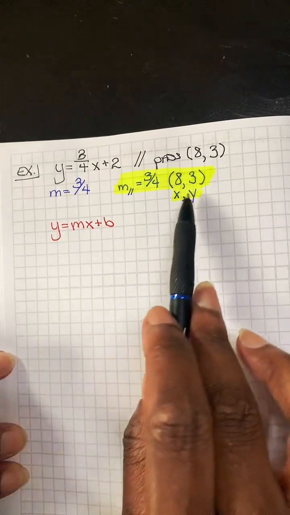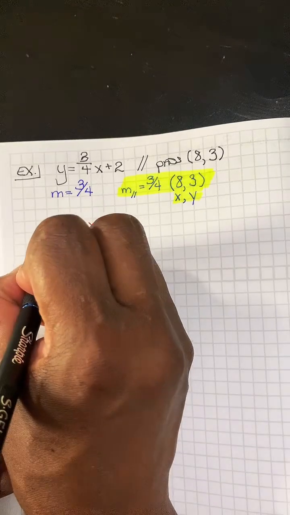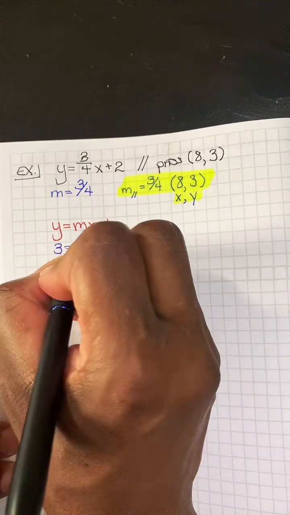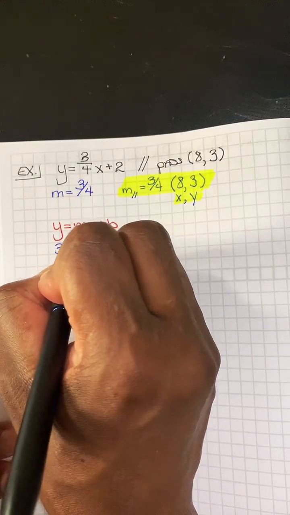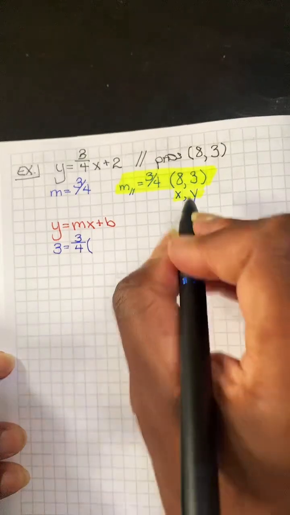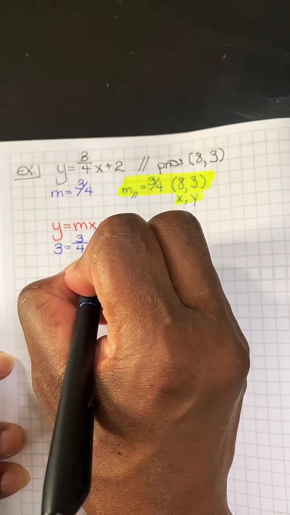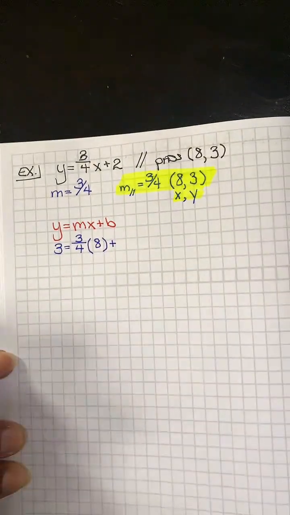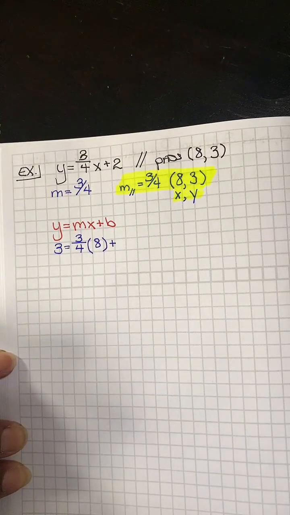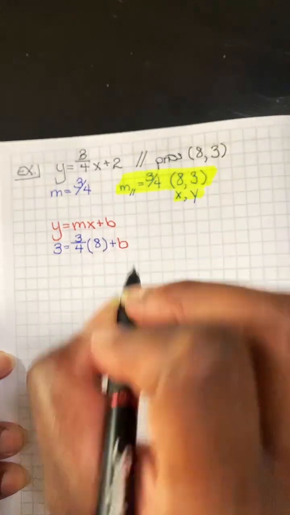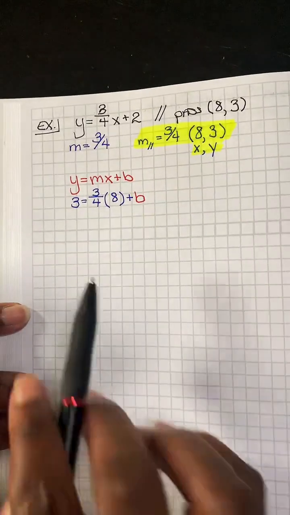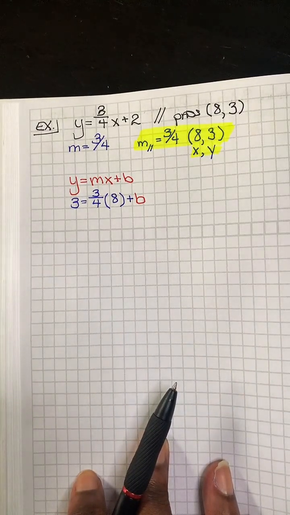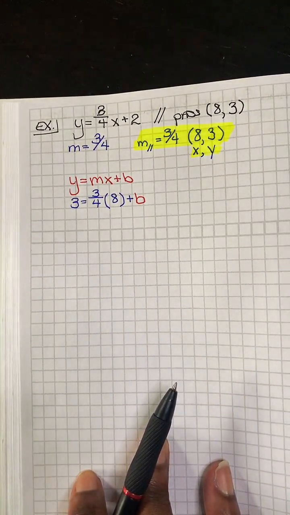My y is going to be the 3. My m is going to be the 3/4. My x is going to be the 8. And then we bring down the plus b. So basically, we're going to solve this equation for b. We need the y-intercept. We know that our slopes are going to be parallel.